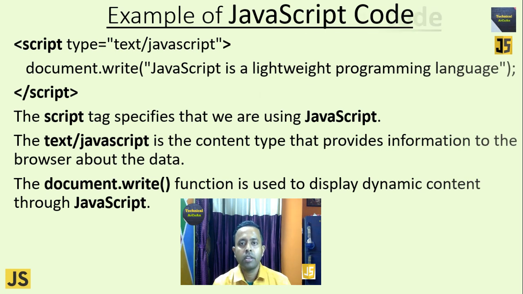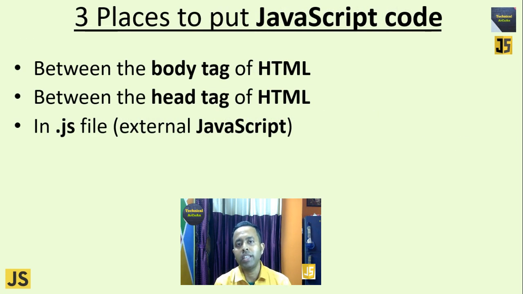Right? Now the three places actually there where we put our JavaScript code within the HTML, right? The first is between the body tag, which is present within the HTML, or in the second way between the head tag.